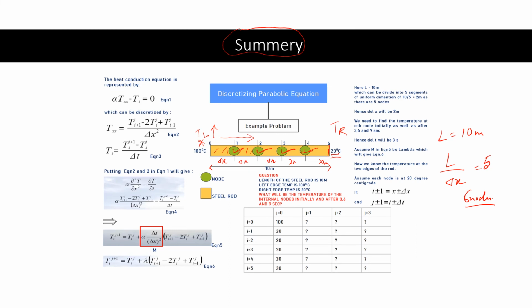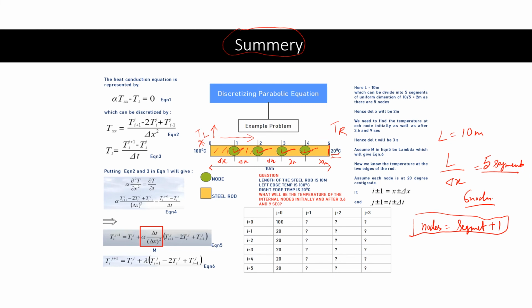If we are generating 6 nodes, then we are creating 5 segments. If we are creating 4 segments, we are creating 5 nodes. So always the number of nodes is equal to segments plus 1. This is a common relation. So we have created 6 nodes out of 5 segments.